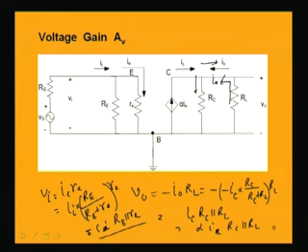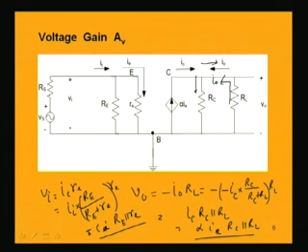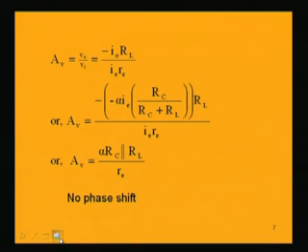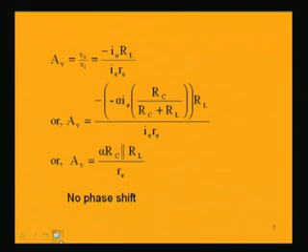So, these two are the expressions I get for V naught and Vi, and replacing them here, we get alpha times RC parallel RL as the output voltage, and the input is Ie into re. So, Ie can be cancelled out.